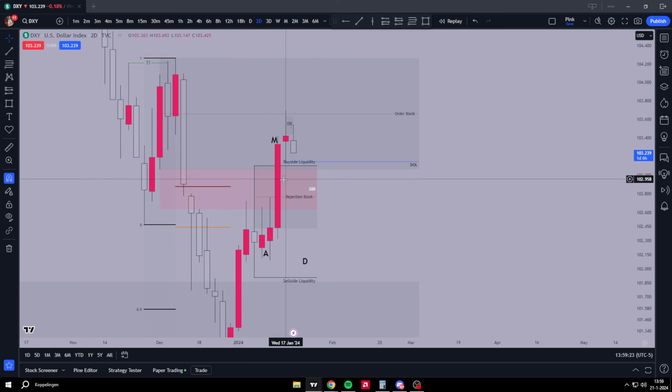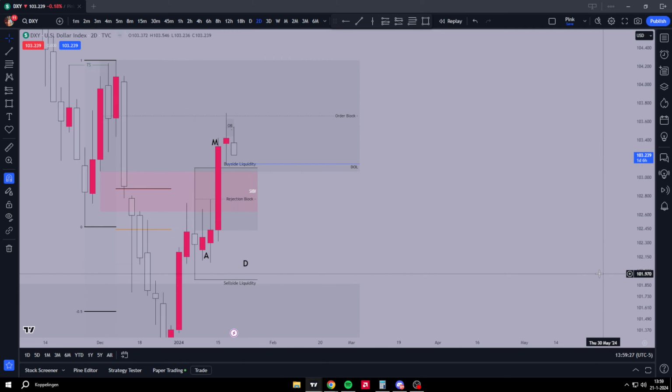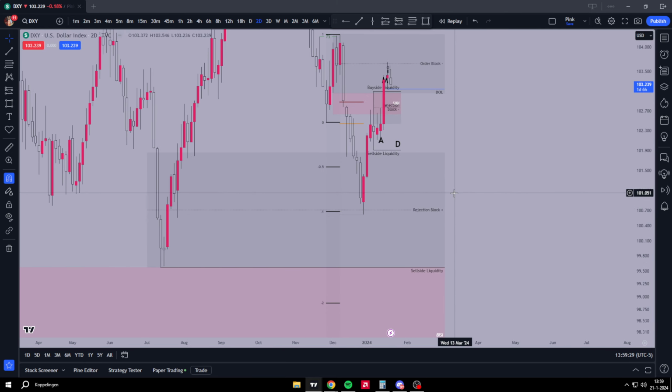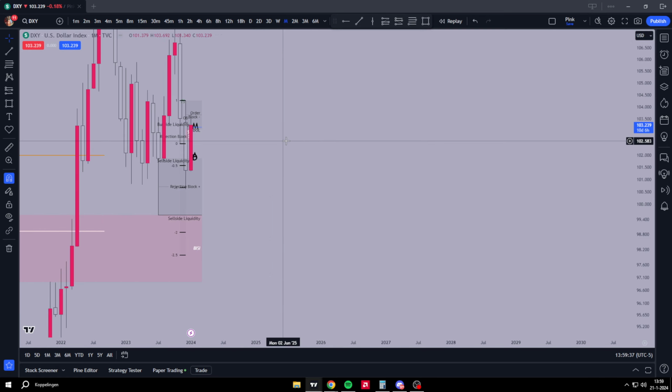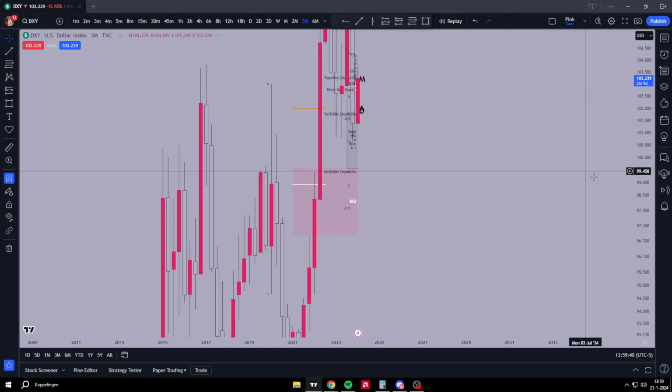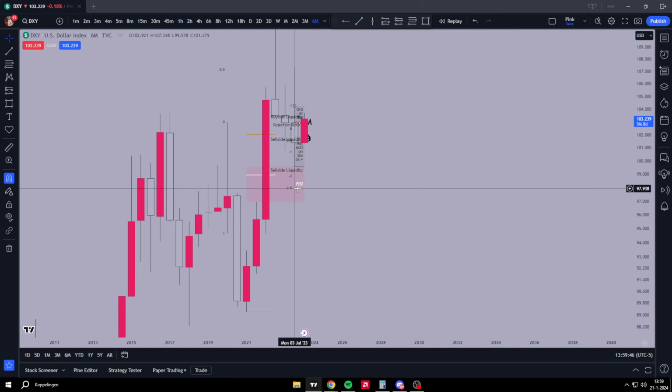And I want to see this BC actually get inverted, and I want to see us go to sell side liquidity there. And I want to see sell side liquidity here, sell side liquidity there, and then standard deviation going all the way into that. I don't even know what it is. I think it's a 12-month SIBI, a BISI.